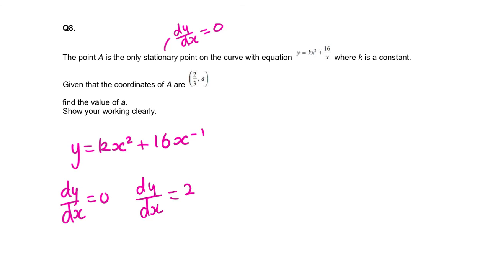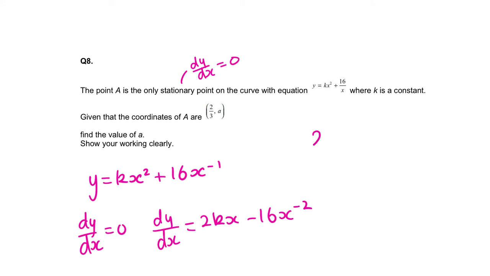So we're going to have 2kx minus 16x to the negative 2. Now this equals 0. So 2kx minus 16 over x squared is the same thing. This equals 0. So I'm going to have 2kx equals 16 over x squared.